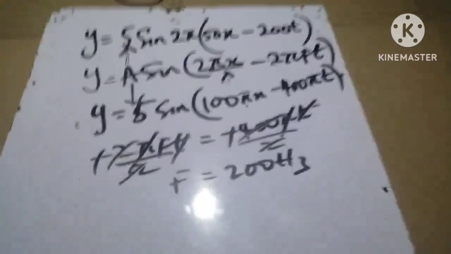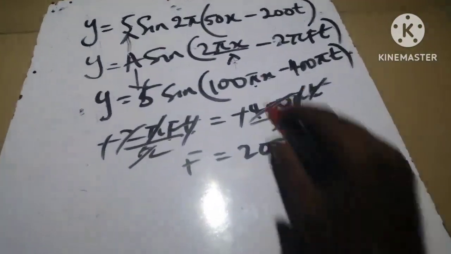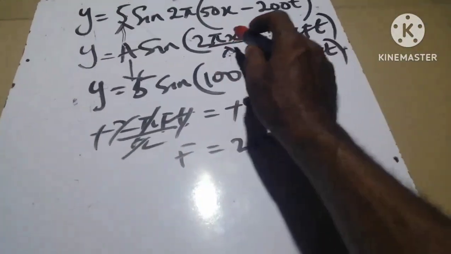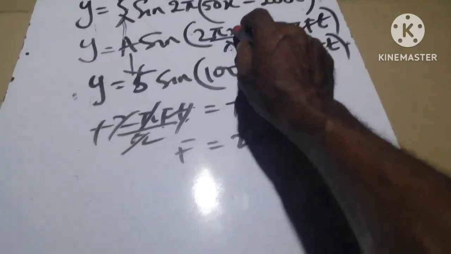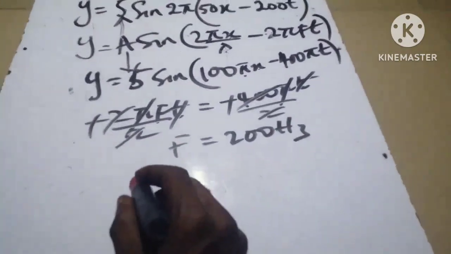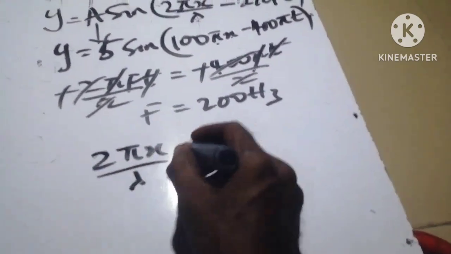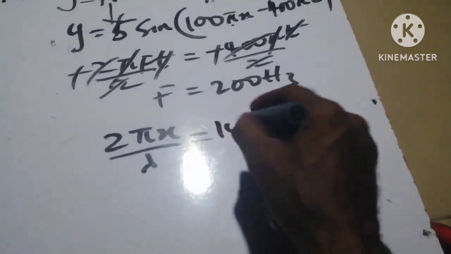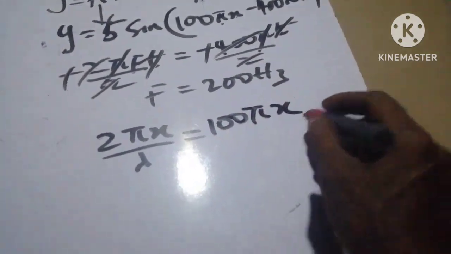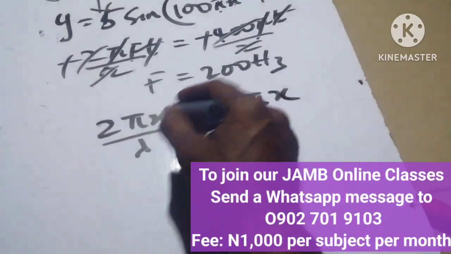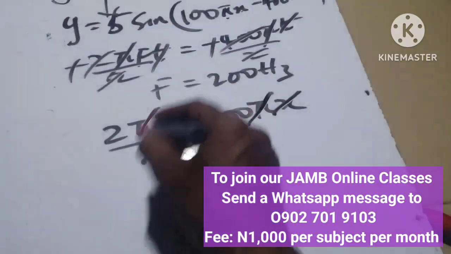Now, if you are asked to calculate wavelength, what will you do? You take this one equal to this. So you say 2 pi x over lambda equals 100 pi x. At this point, we cancel x, we cancel pi.